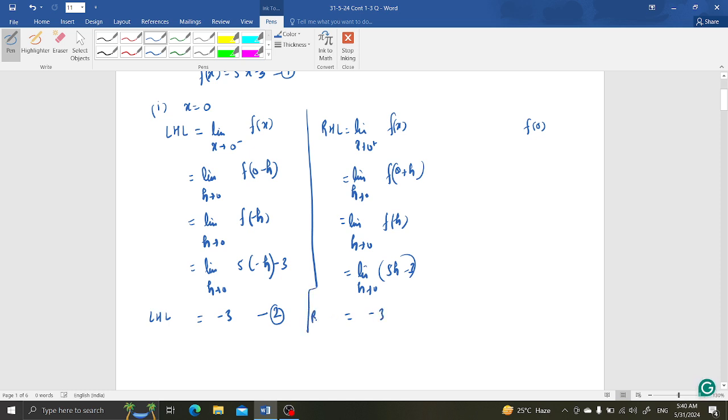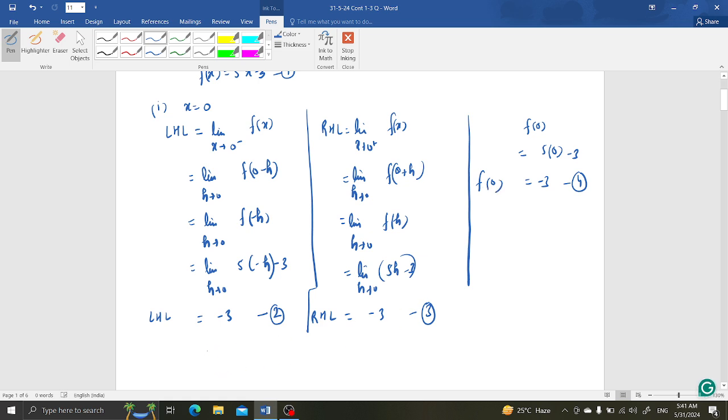This is your RHL, third equation. Now we need to evaluate the function value. f of 0 is 5 into 0 minus 3, we get minus 3. This is your fourth equation, our f of 0.